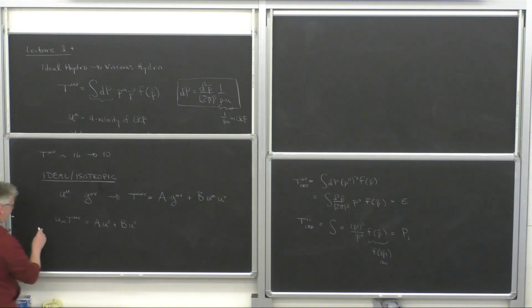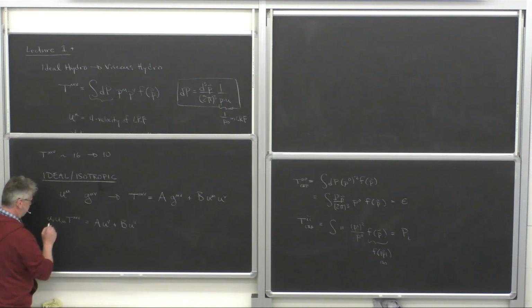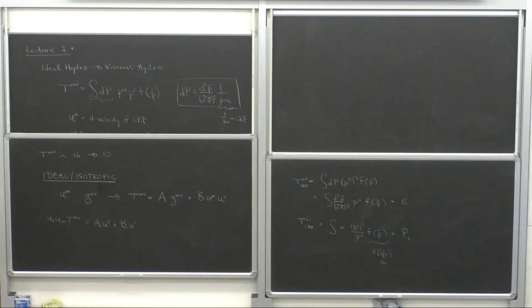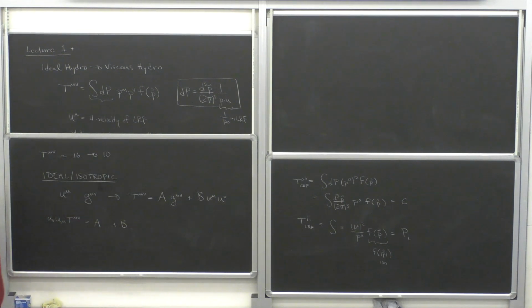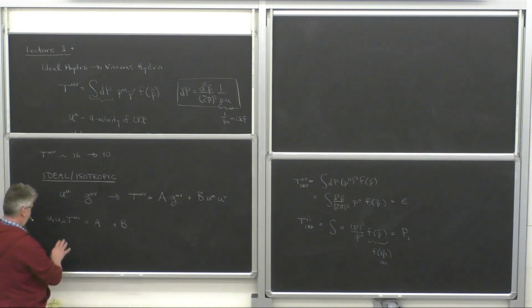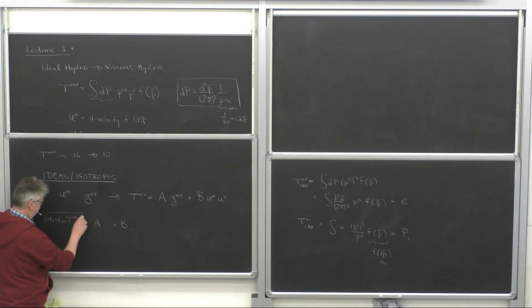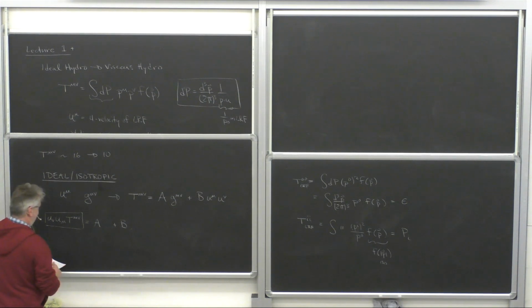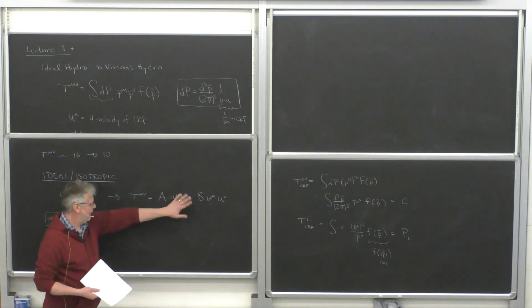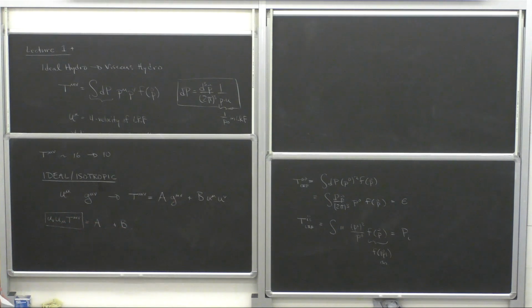If I hit it with another one, u nu, project out both indices, then this simply becomes A plus B. Right, so that tells us that from this Lorentz invariant quantity, because it's got fully contracted indices, I know what A plus B is already.